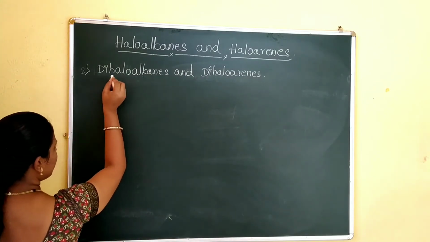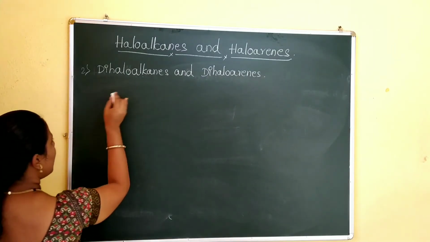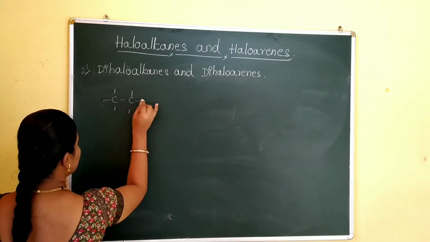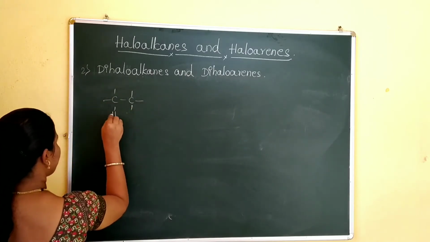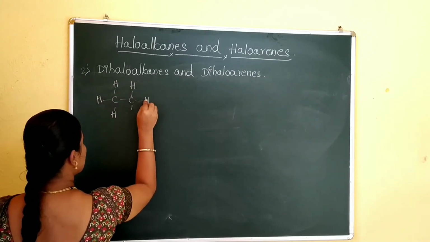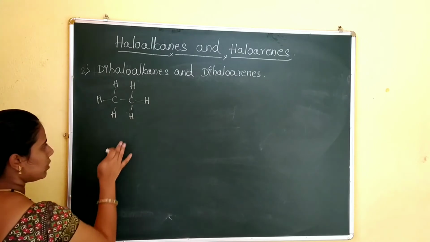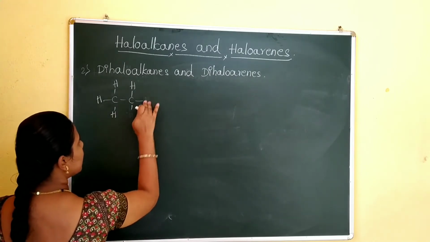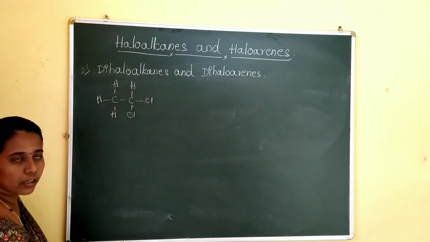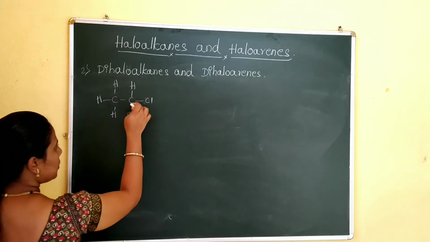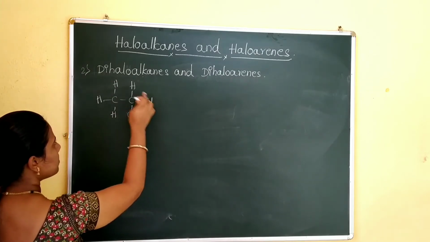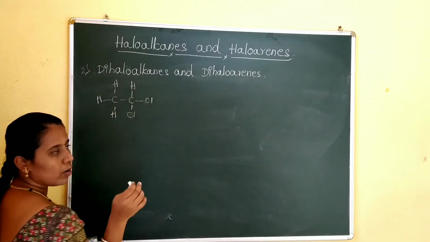For example, dihaloalkanes. Here, this is ethane. If two hydrogen atoms are replaced by two halogen atoms, I will take chlorine atoms here, then it becomes a dihaloalkane.